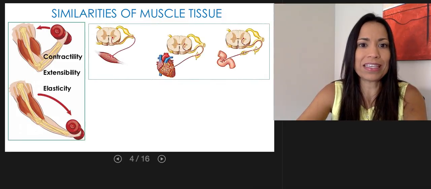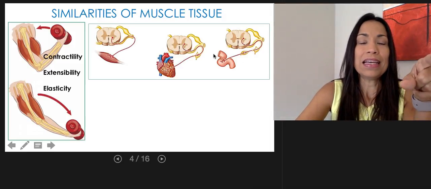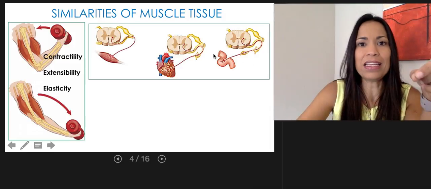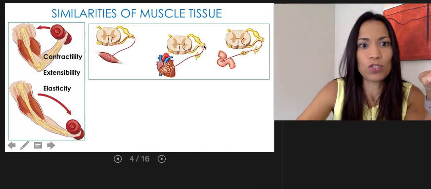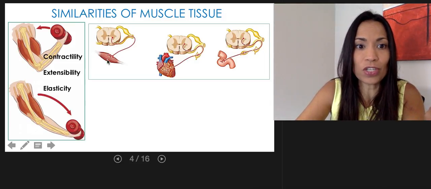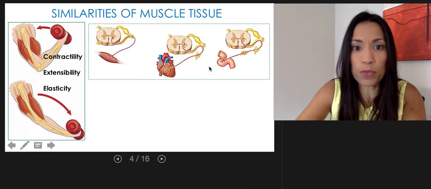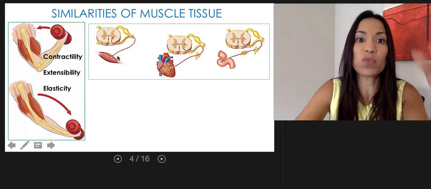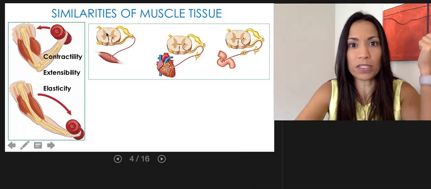Another characteristic that they all share is that they all need stimulation. They need somebody to wake them up, to tell them you need to go to work. Regardless of whether we are talking about voluntary or involuntary muscles, the three of them receive wires, which are the nerves from the central nervous system.